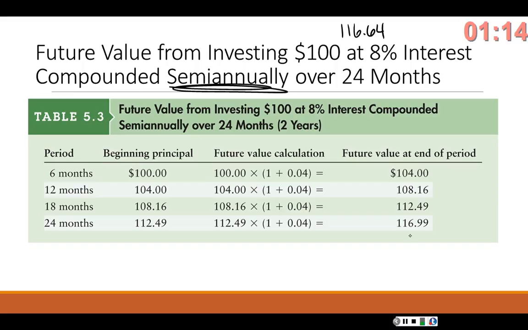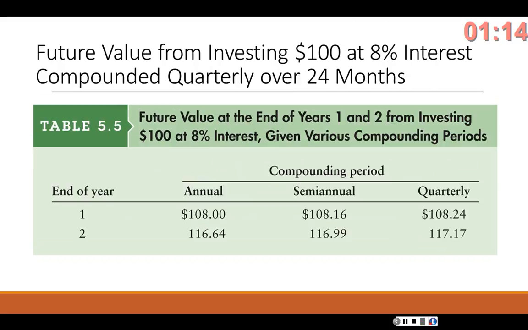So here we see that instead of it being worth $116.64, it is worth $116.99 at the end of the 2 years. And that's because the interest is being added to the principal more frequently, which causes the future value to be higher because it is growing interest that much more quickly.